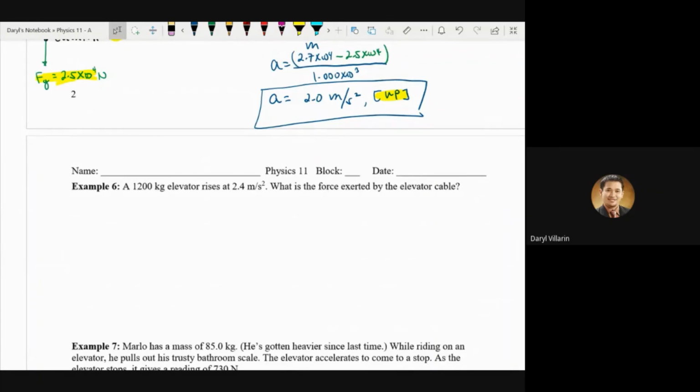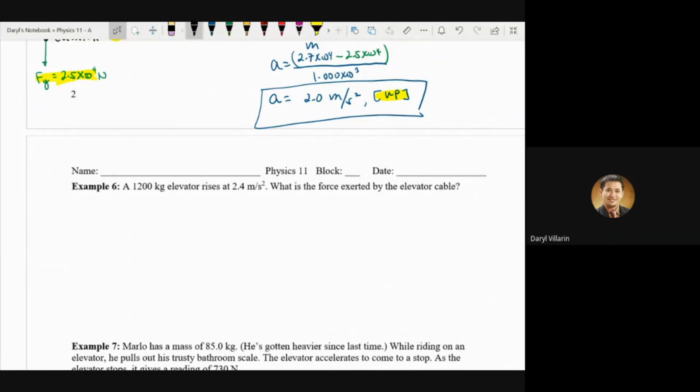So exerted by the elevator cable. Well, actually, this is just the same thing as the previous one. The only thing is you're given the acceleration.